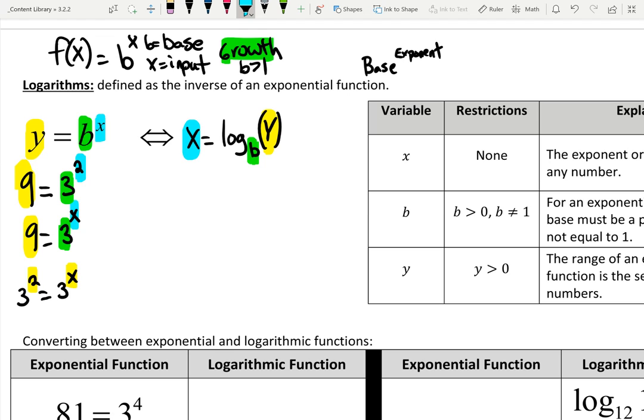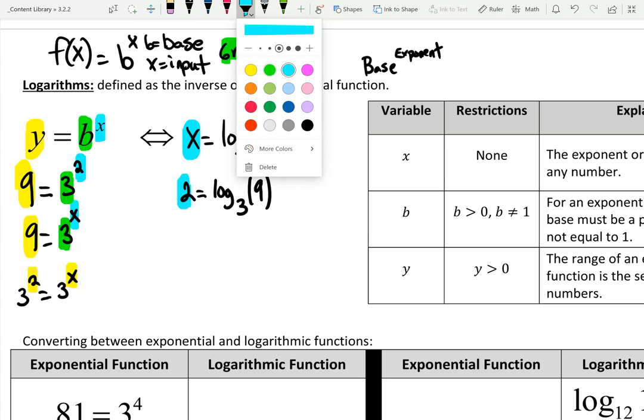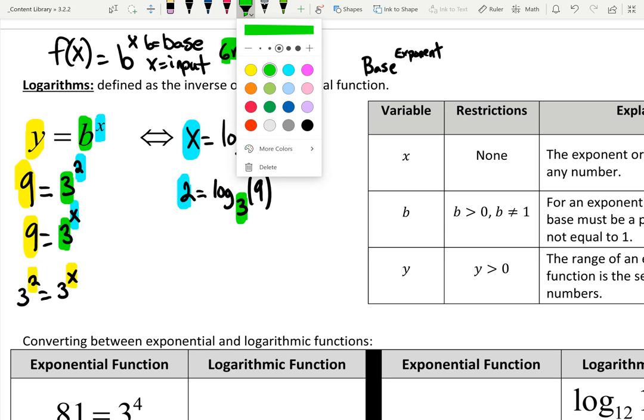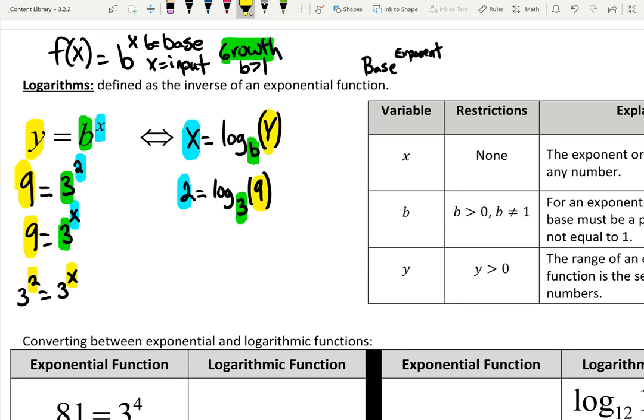What this is saying is that my exponent is equal to log base 3 of the number 9. And I can see everything is consistent. I put the base where it belongs. The base of the exponent is that subscript, and then here 9, my output, goes inside.